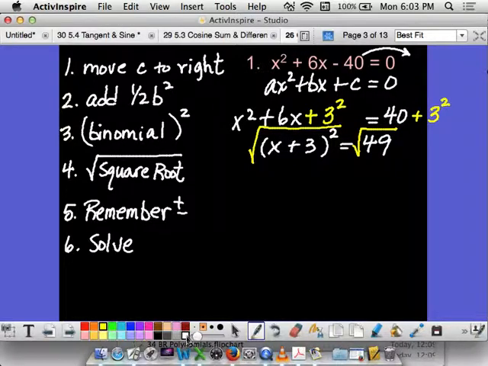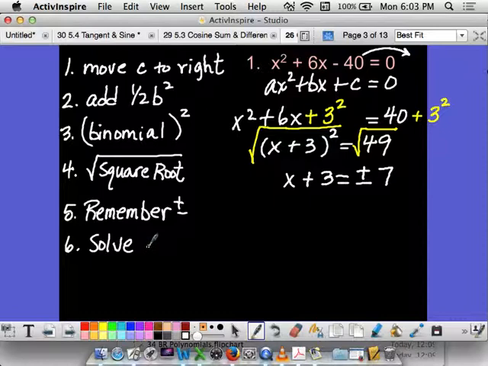The square root cancels that square, and that just leaves x plus 3. On the right side, I take the square root of 49. But remember, when you take the square root of both sides, it is always going to be plus or minus. And the square root of 49 is 7.